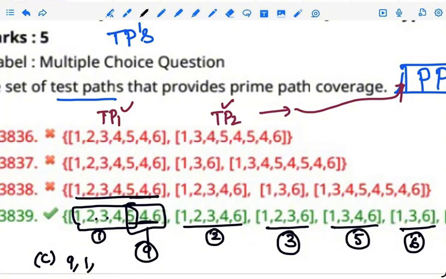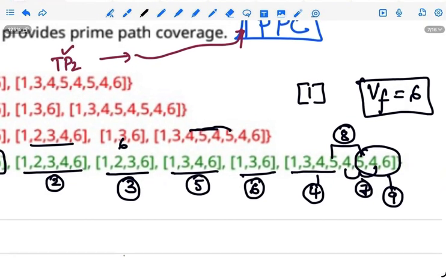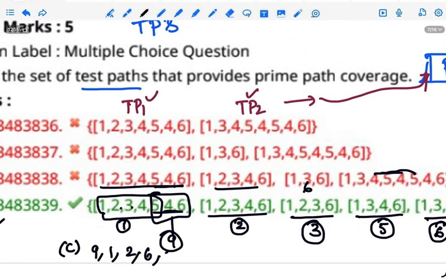Next 2 is covered. Next 1 3 6, 6 is covered. Next, the loops are covered, right? 5 4 5, 4 5 4, 7 and 8 are also covered by this option C.